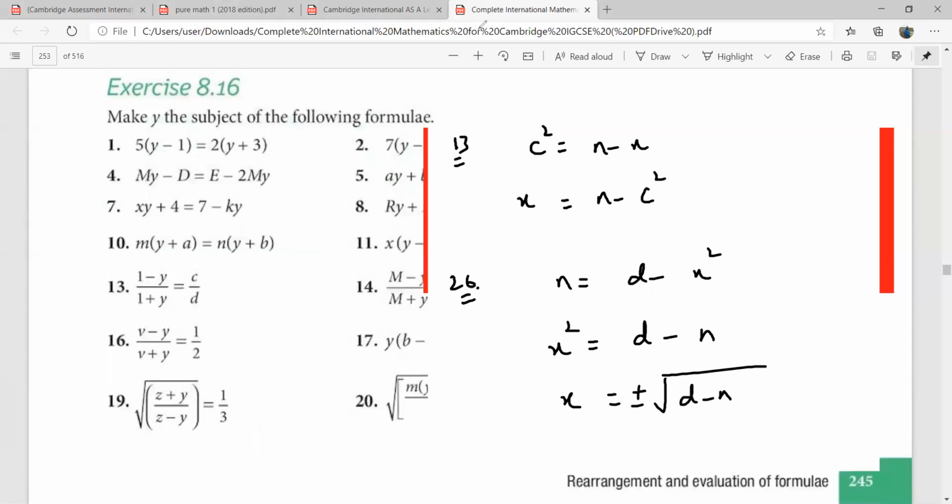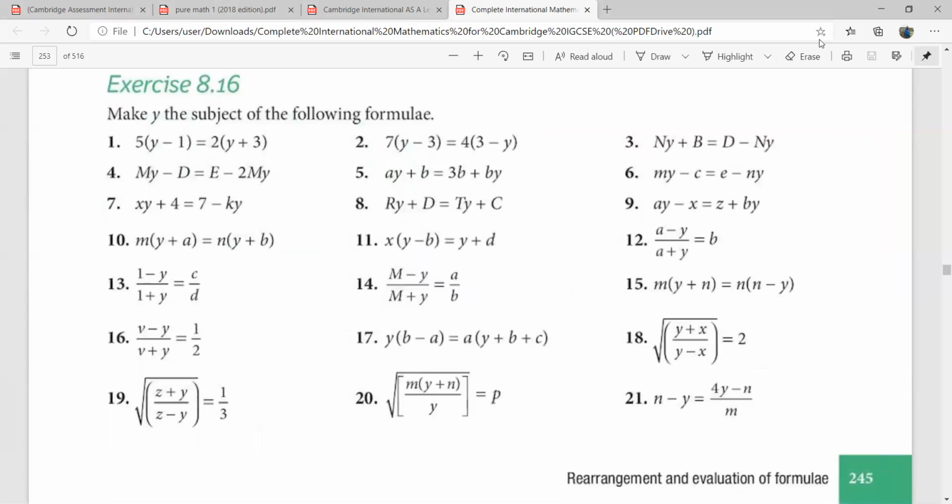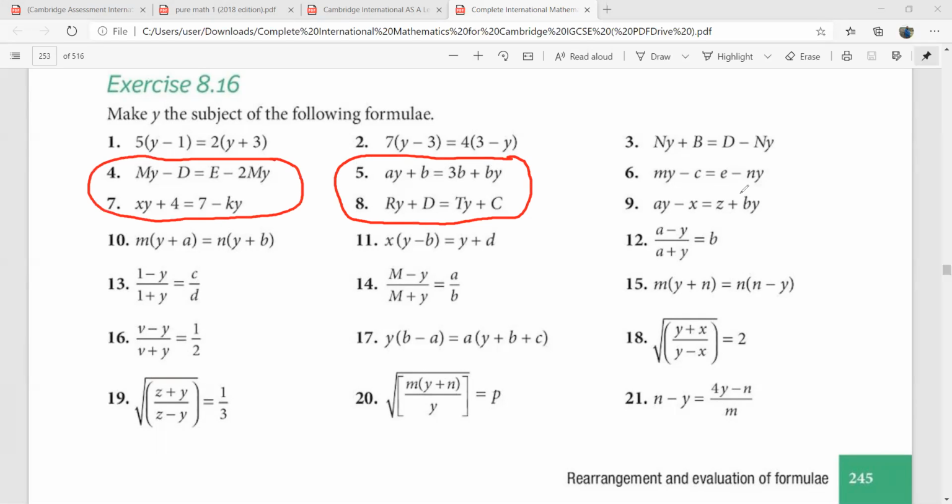Now, this is the level we have to achieve today. You see that there are a lot of terms over here: the square roots, the squares, the fractions. There are so many things. The method would be that whatever type of formula you have, you will try to write it in a form like this. These are the ideal forms. Once you have them in this form, it's easier to change the subject of the formula.